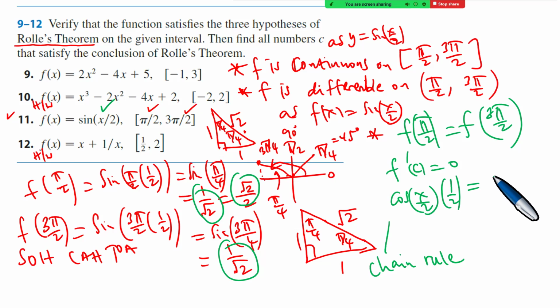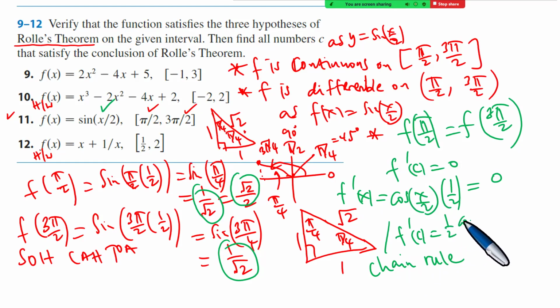Mr. Examiner, we accept. We are delighted to say this is f prime of x. Please take note of that. So at this point we find f prime of c, and this is 1/2 the cosine of c over 2, giving us a 0.